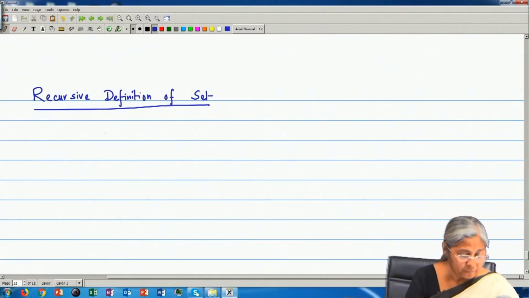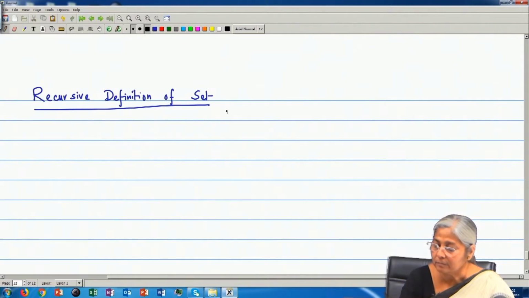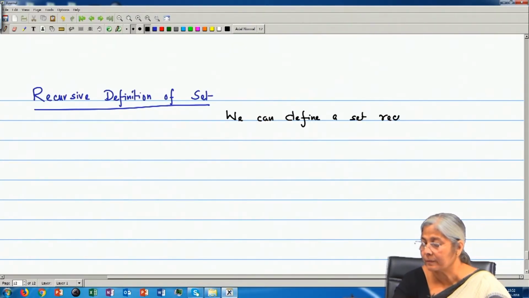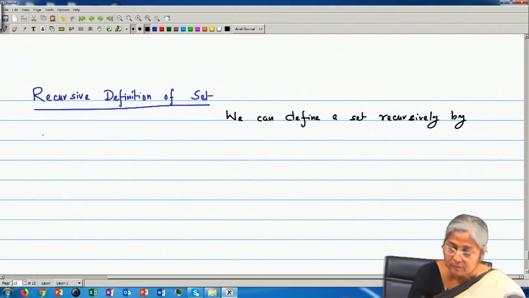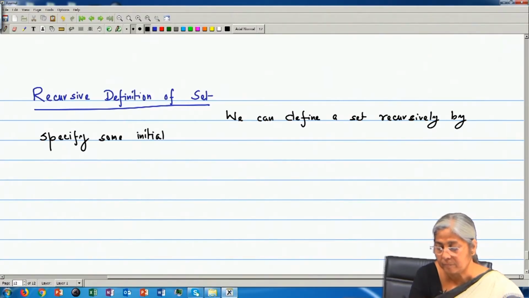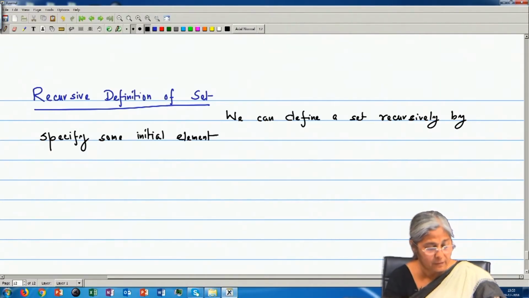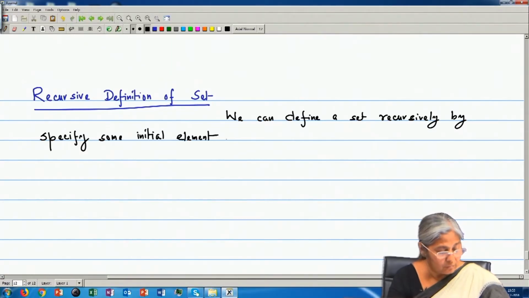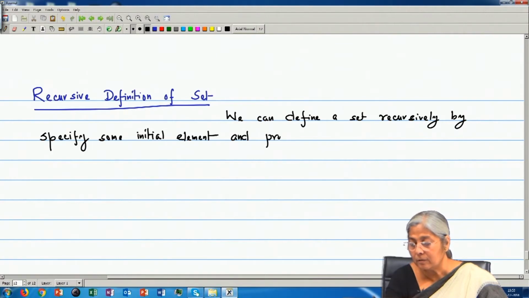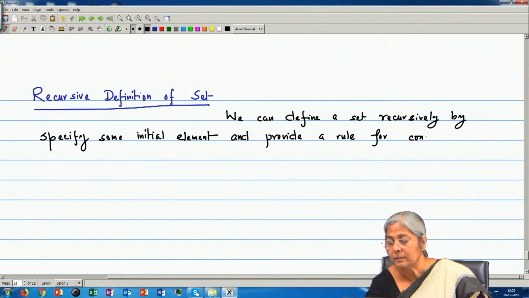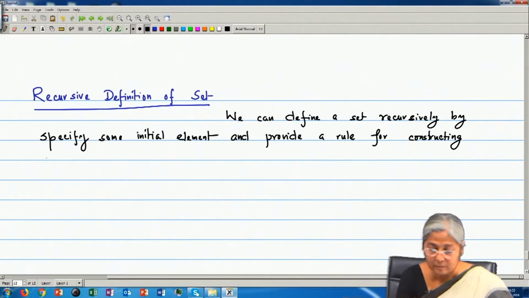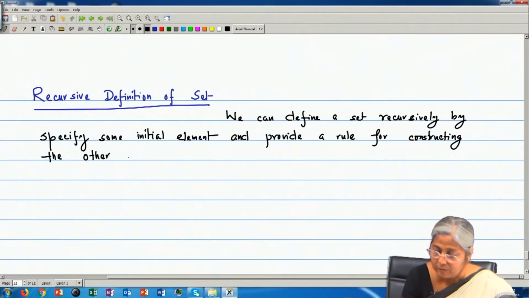So we can define a set recursively by specifying some initial element and then providing a rule for constructing the other elements of the set.